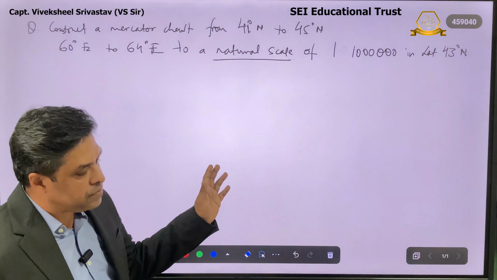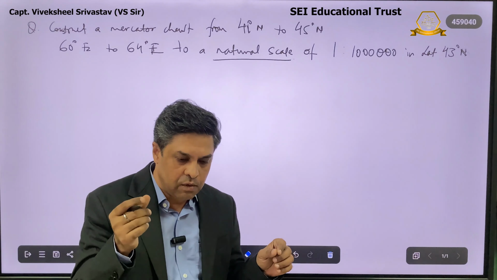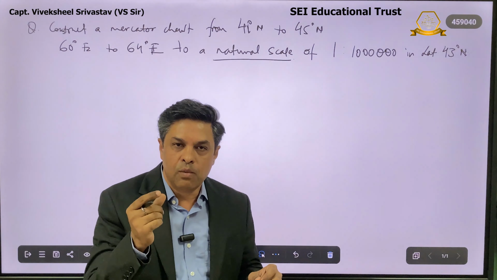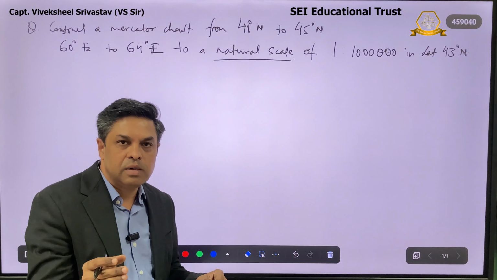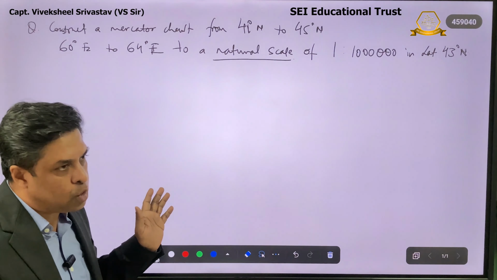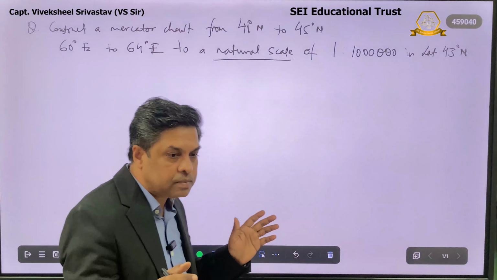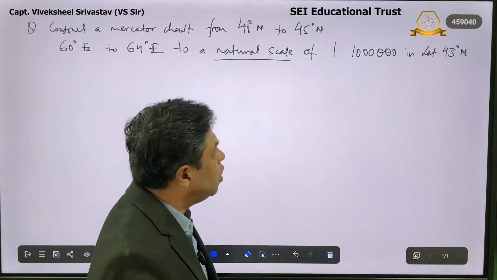So in my last video, we had assumed a longitude scale. Our assumption was 1 minute of longitude is 1 centimeter. And we can very well construct a chart with that scale. 1 minute of longitude is 1 centimeter, and we constructed a chart. No problems over there. But now we are given a natural scale. So what is a natural scale?